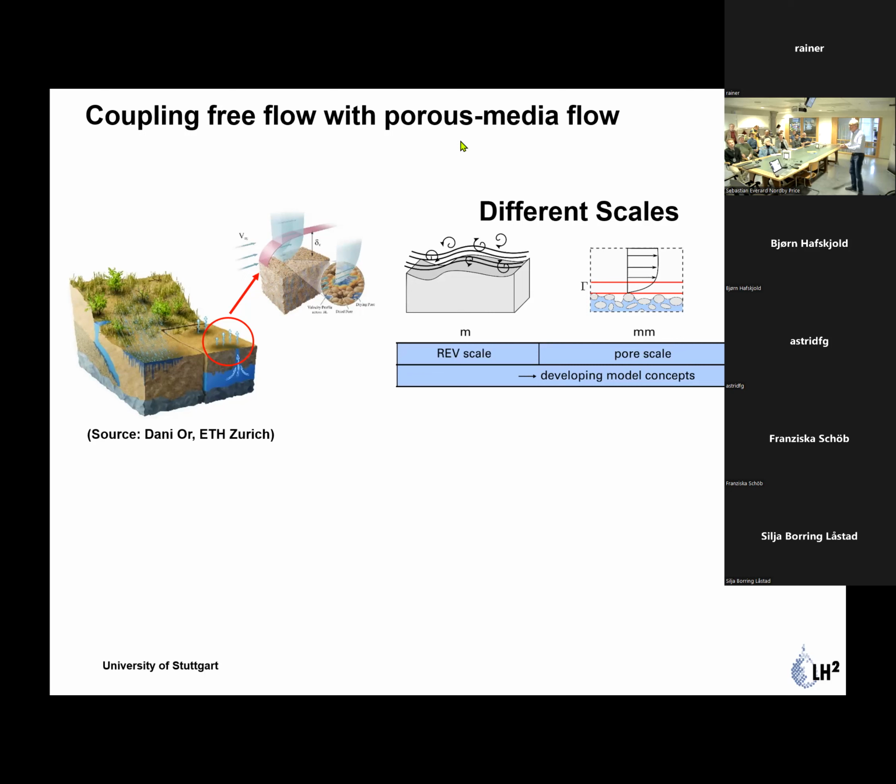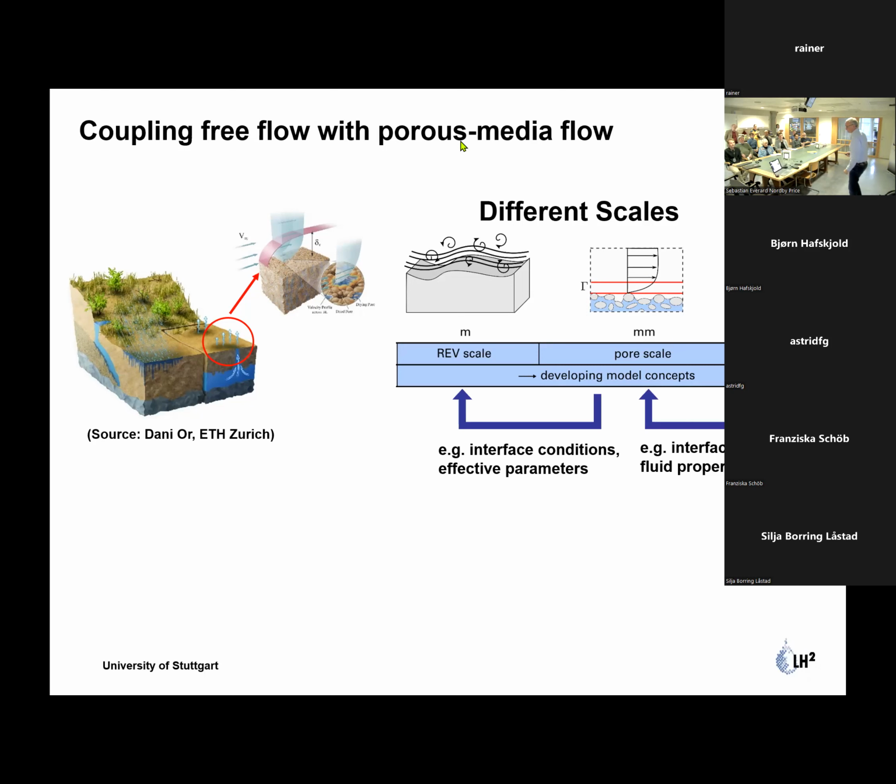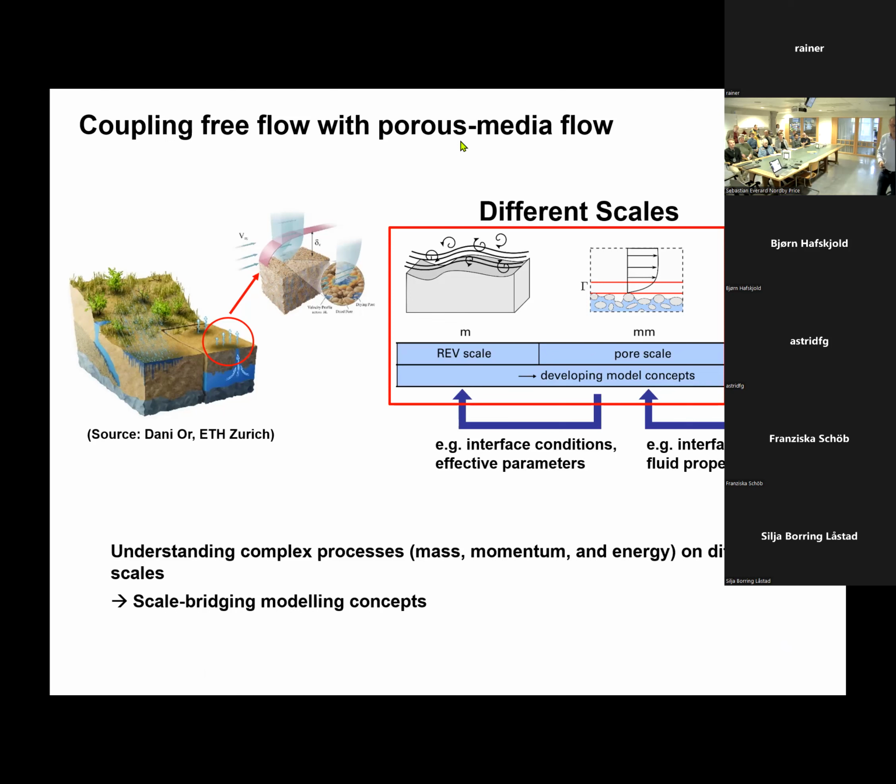And if we have volume-based quantities, then we lose all this information on interface-driven processes. We smear out all these effects. The question is how we can integrate this. Is it necessary? And this is then related to the REV-scale. Okay. So that means we need interface conditions for the fluid properties and interface conditions for the other parameters, and then of course we can handle this.